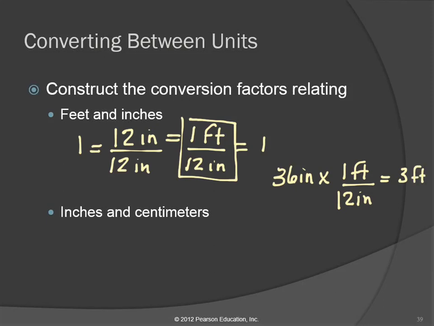See what happens with the units here? Inches divided by inches. They act like variables, like x's. X divided by x is 1, right? Inch divided by inch is 1. We say they cancel out. The unit that's left is feet. And there I've converted 36 inches into feet. 36 inches is equal to 3 feet, right?